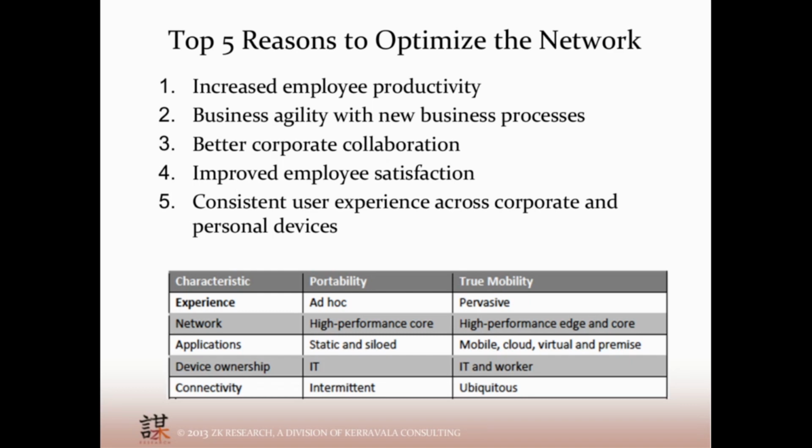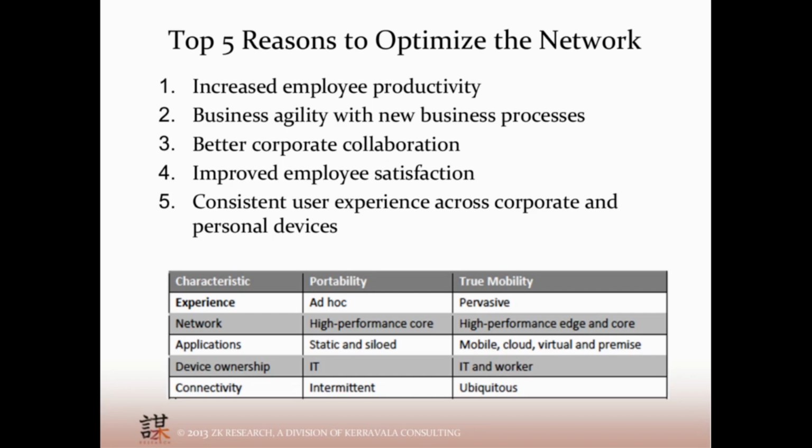And lastly, you want to be able to have this consistent user experience across all corporate and personal devices, and that means you have to have consistent experience. Consistent policies and consistent access methods, and that will move us from this model that I discussed of being portable versus mobile. And if you look at the chart I created down at the bottom, when you think of what true mobility is, you want to have a pervasive experience across wired or wireless networks to be able to access applications that are mobile, cloud, or virtual, or premise-based.